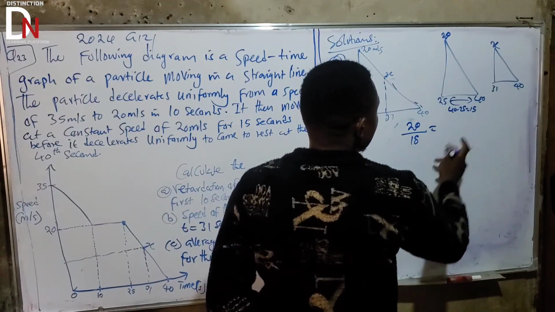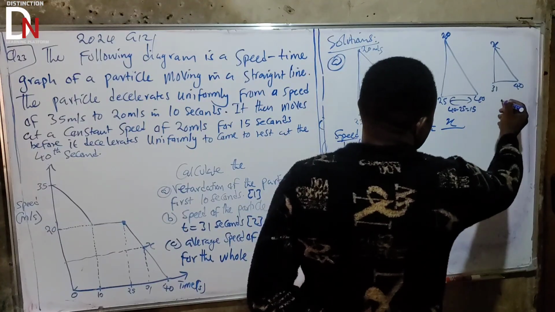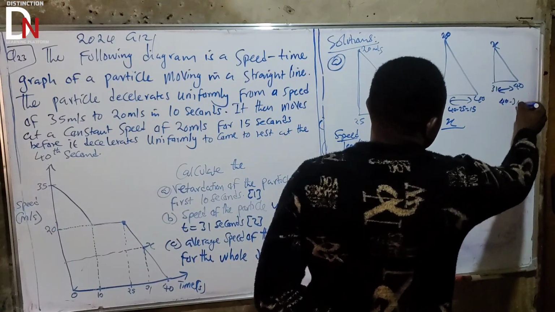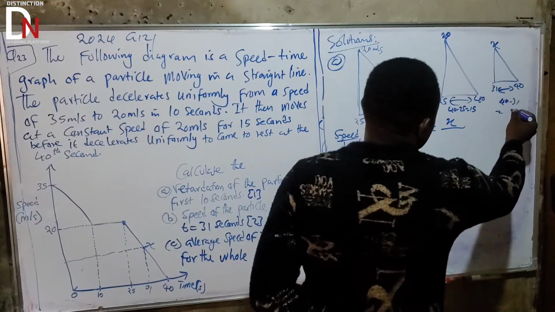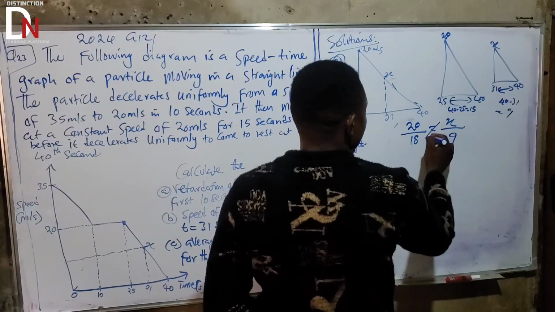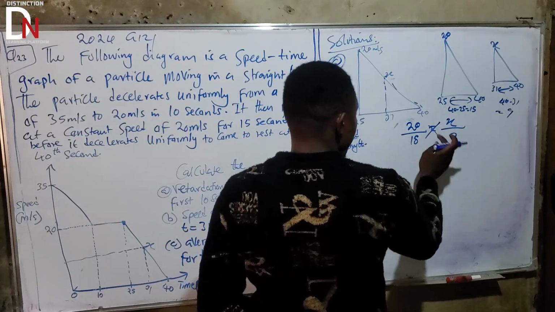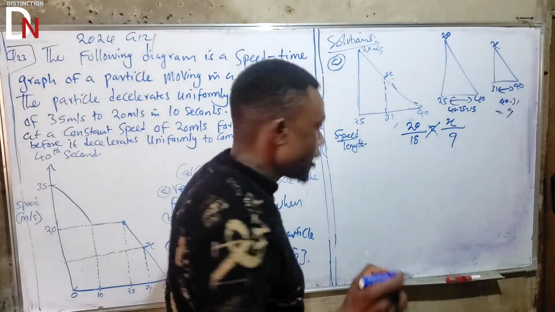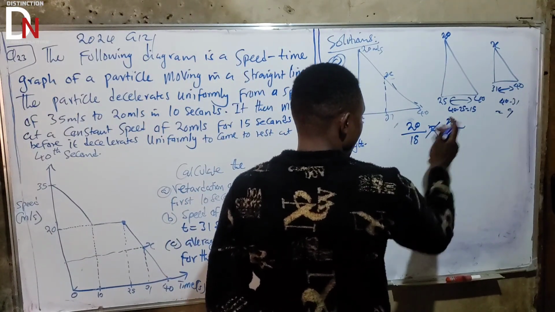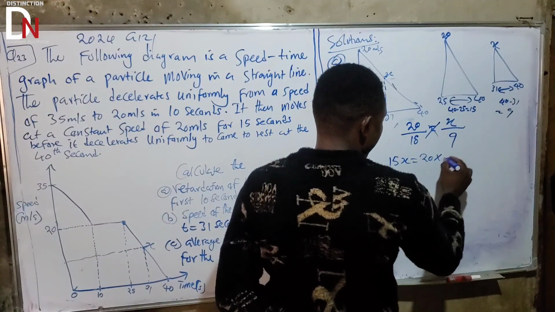Similarly, my speed is X, and my length there is 40 minus 31, and I'm getting 9. I want to find X, which is the speed, so I cross multiply: 15x is equal to 20 multiplied by 9.